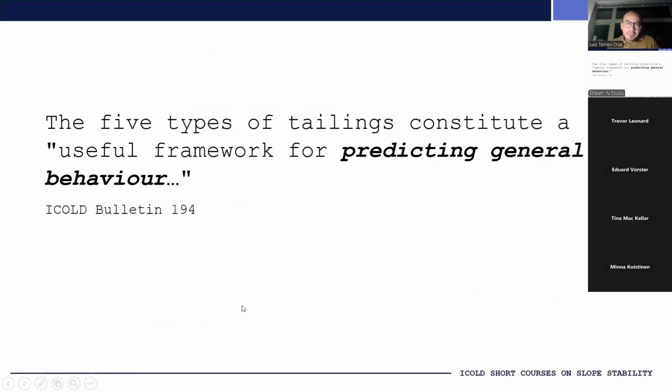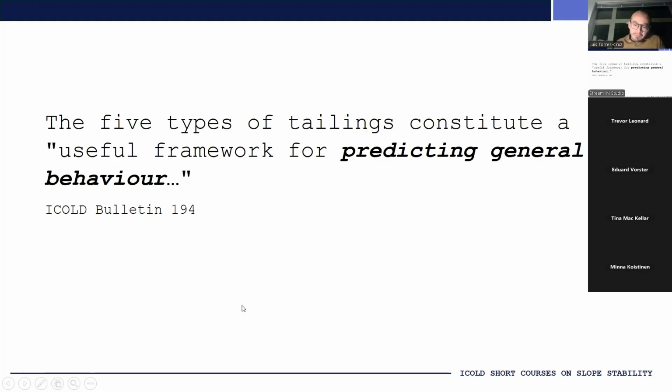I really like that the bulletin explicitly puts the emphasis not on classifying, but on predicting behavior. And I quote the bulletin here. It says that these 5 types of tailings constitute a useful framework for predicting general behavior.